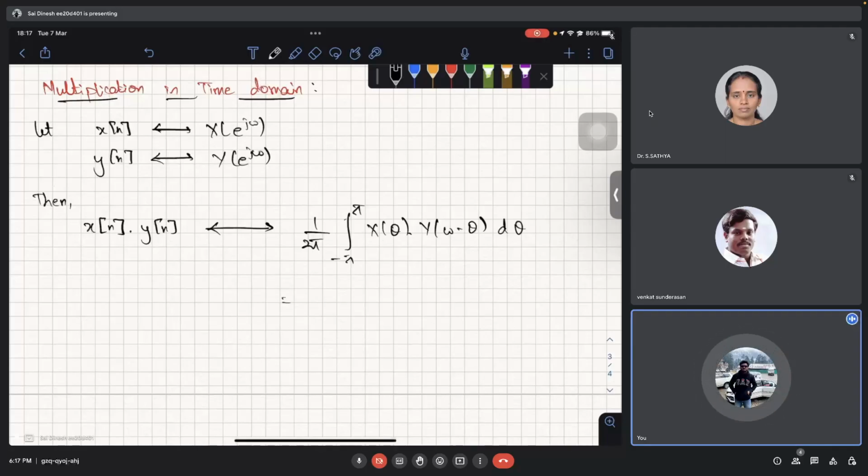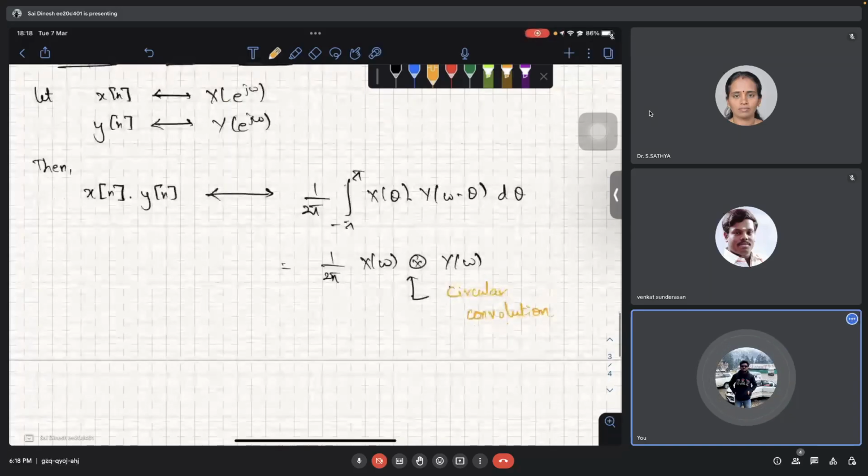So this is equal to 1 by 2 pi x of omega convolved with y of omega, where this is circular convolution.